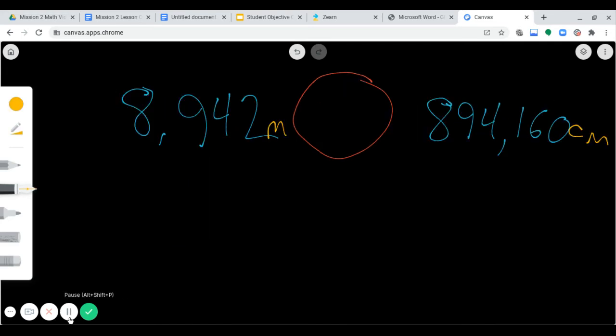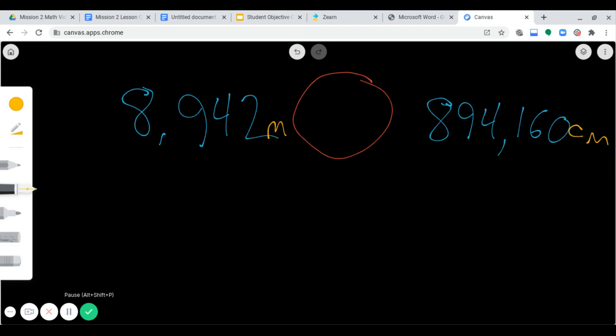We're also going to be asked to compare meters and centimeters, where one number is in meters and one is in centimeters. We can do this, we'll just have to do some converting. In this case, I have 8,942 meters, and it wants me to tell which one's greater when compared to 894,160 centimeters.